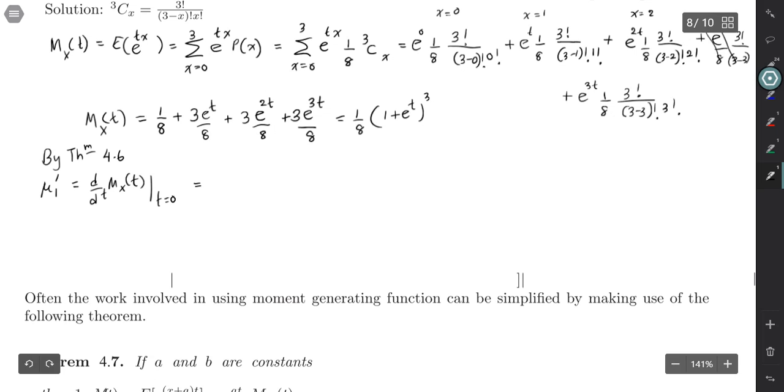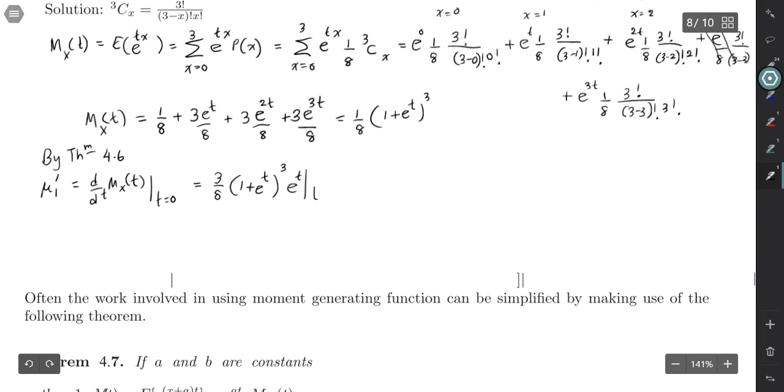Here's our M_X(t). Taking the first derivative with respect to t, we get 3 over 8 times (1 plus e to the t) to the power 2, and then by the chain rule, the derivative of the inside gives e to the t.